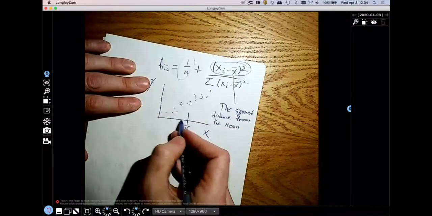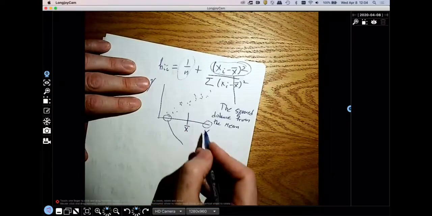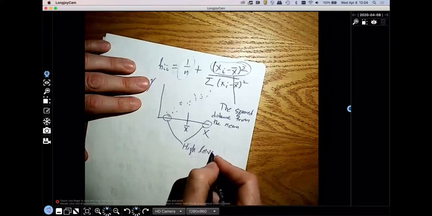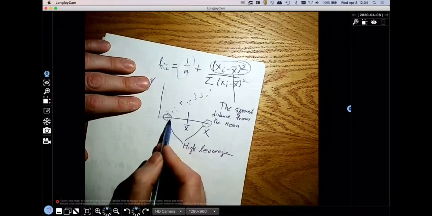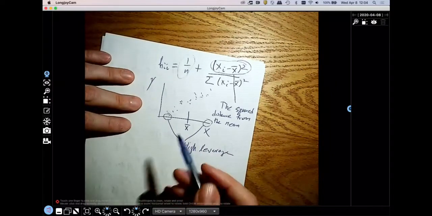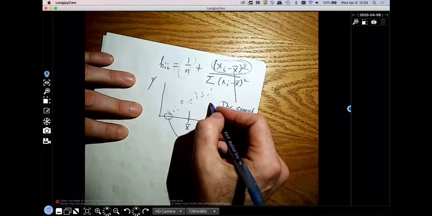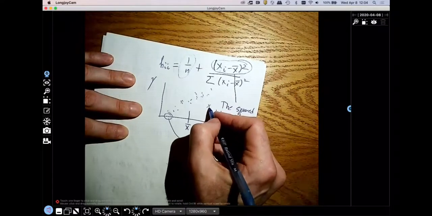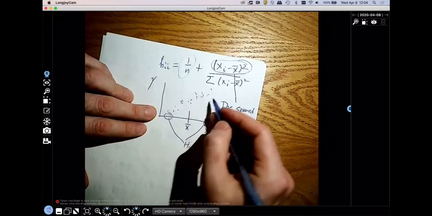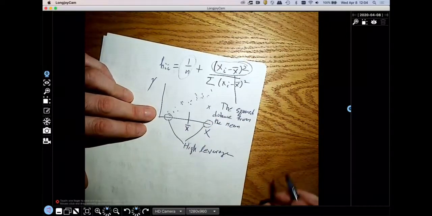Alternatively, points out here or points out here would have high leverage. So I find the distance from the center, and it's large, therefore they would have high leverage. So if I've got an extra X out here, that point is outside the swarm, and it can exert a lot of leverage because it's so far from the mean.